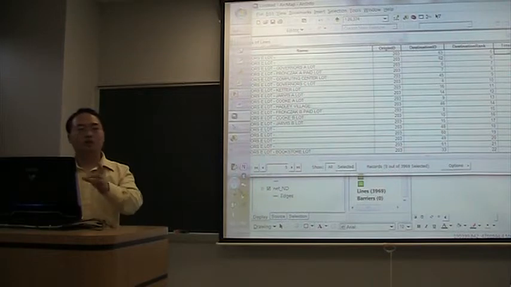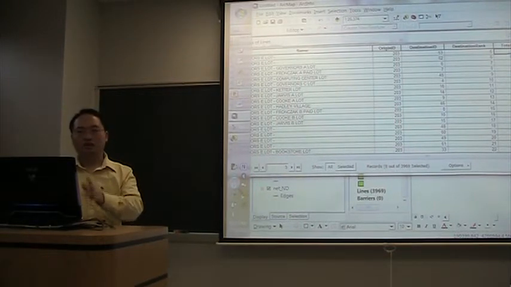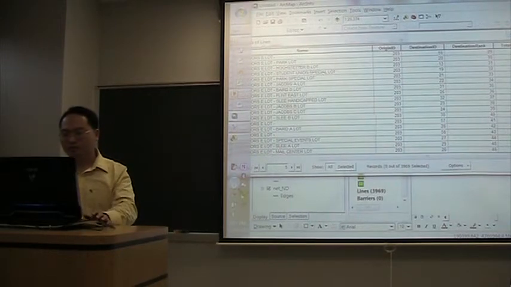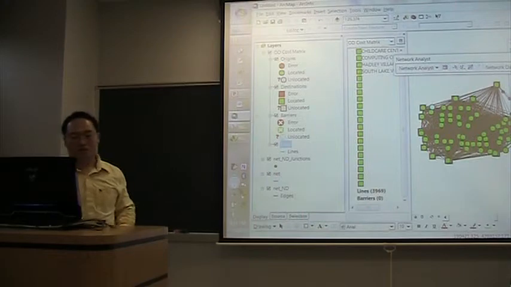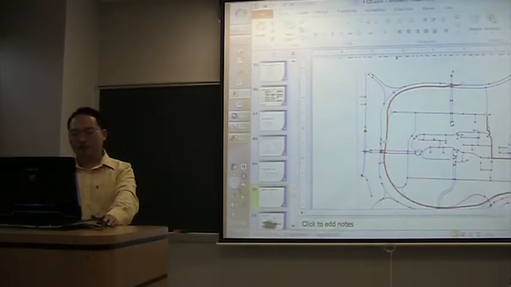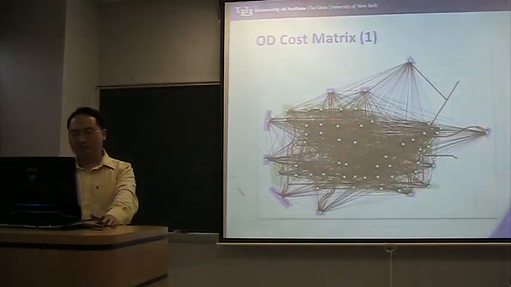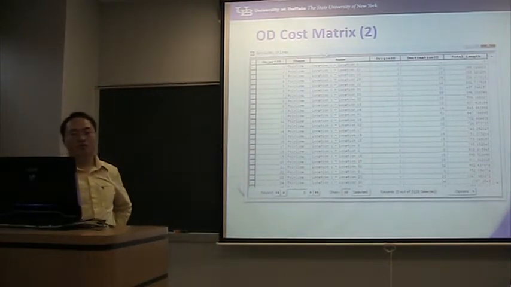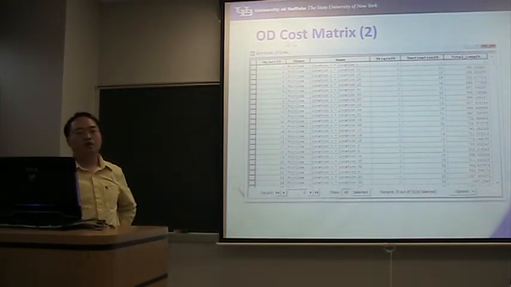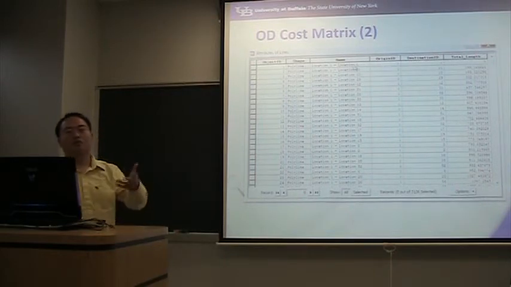Okay, this is not a straight line length, it's length based on the network. So this is the OD cost matrix, and you can also see that from my slide. And sometimes you want to export this table as your OD cost matrix for some of your algorithms.